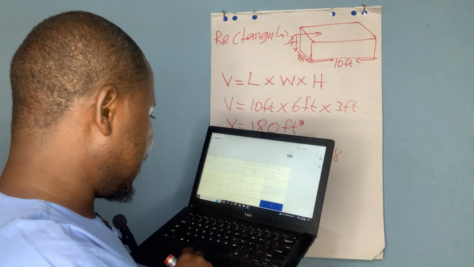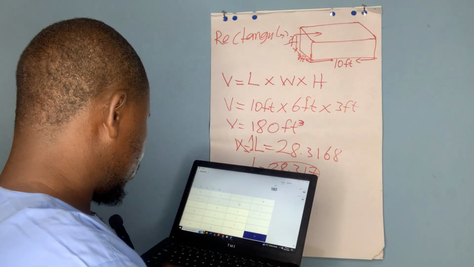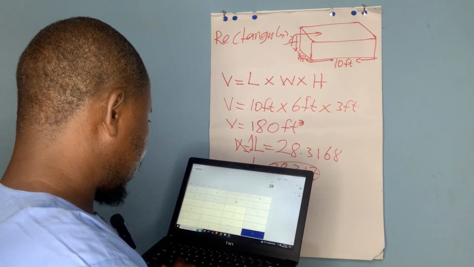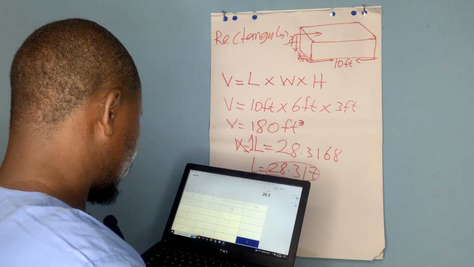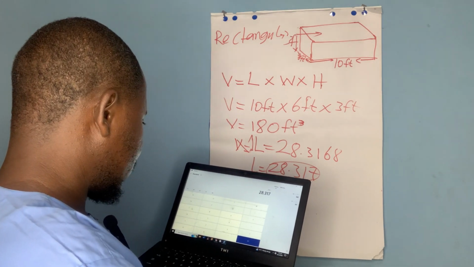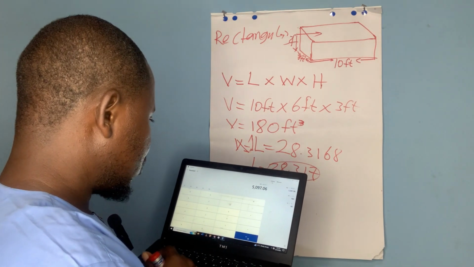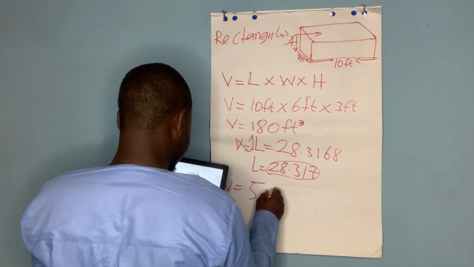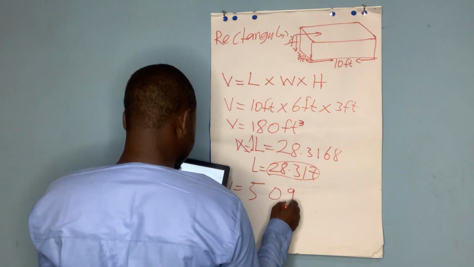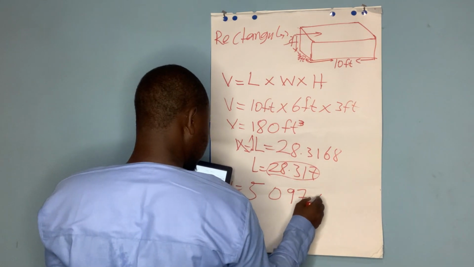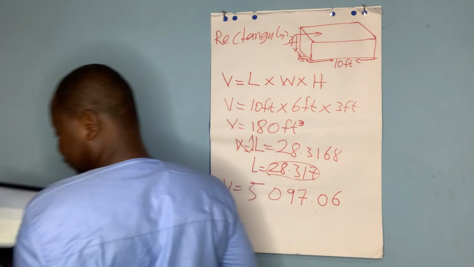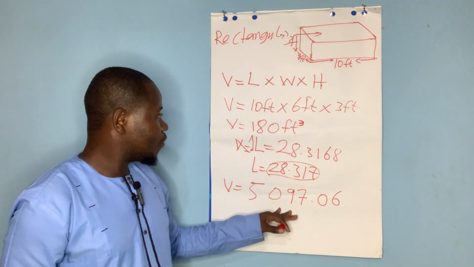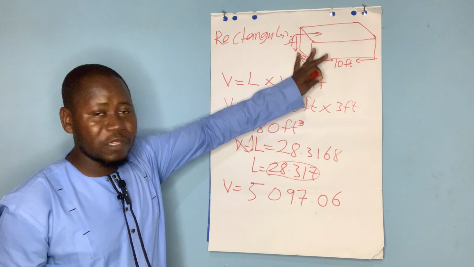So now 180 times 28.317. Now press our equal sign. So we have 5,097.06. So now this is the volume of water in our rectangular pond. This is the one we have measured.